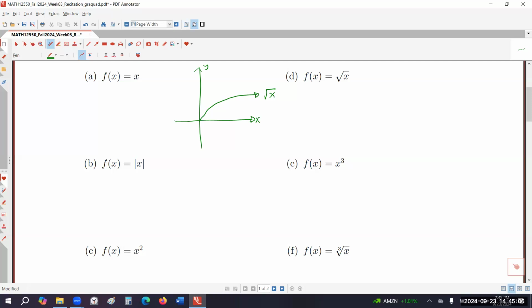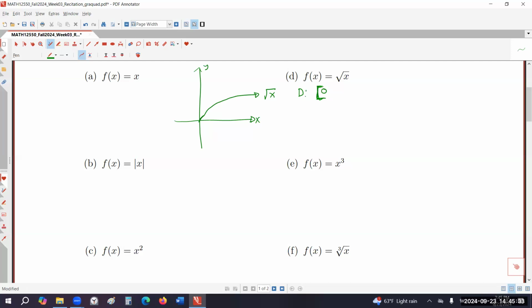So domain means all the x values you see in your function. So based on the graph, where does your x value start, or where does the domain start? 0. And when you have a 0, we do have a valid y value here. So it's a closed bracket. Closed bracket means we don't have any hole in our graph or in our function.